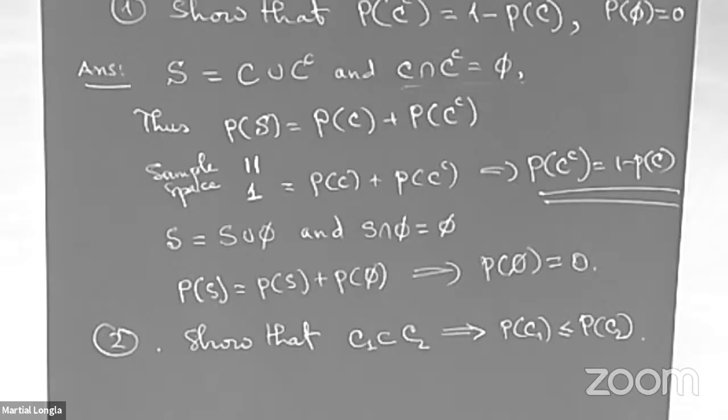Yeah. I was thinking we could use definition B. Any subset of S has probability equal to the sum of the probabilities of its elements. So if C1 is a subset of C2, then we could use B. You are correct, but that will only work if we are talking about the discrete case.